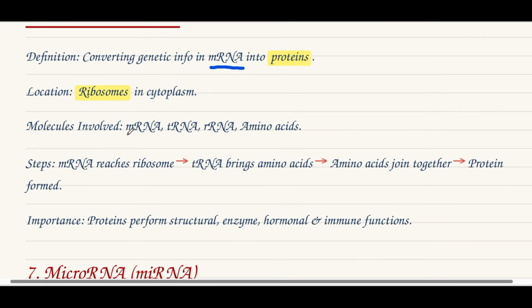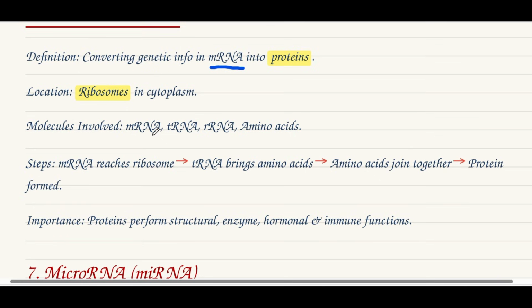The molecules involved are mRNA, transfer RNA, ribosomal RNA, and amino acids. Amino acids are carried with the help of transfer RNA. Ribosomal RNA is there for protein synthesis, and the ribosome is in the cytoplasm.